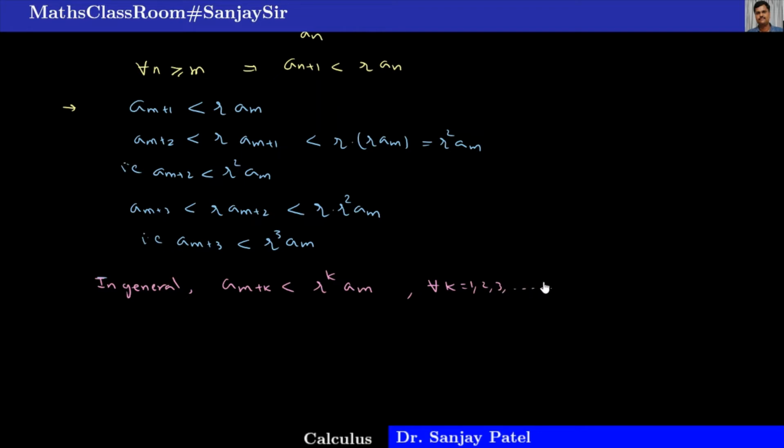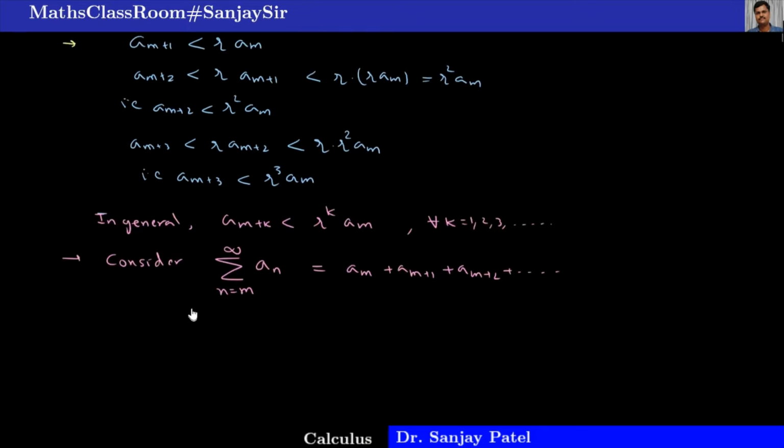Now what I want to do is consider the series sigma n equal to m to infinity a_n, that is a_m plus a_(m+1) plus a_(m+2) and so on.